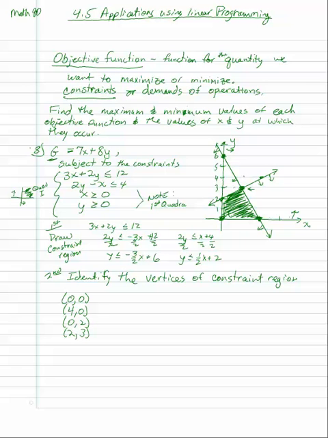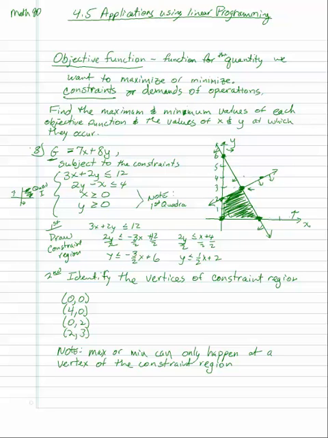And now you're going to plug all these vertices into the objective function. So let me put here, note, max or min can only happen at a vertex of the constraint region.